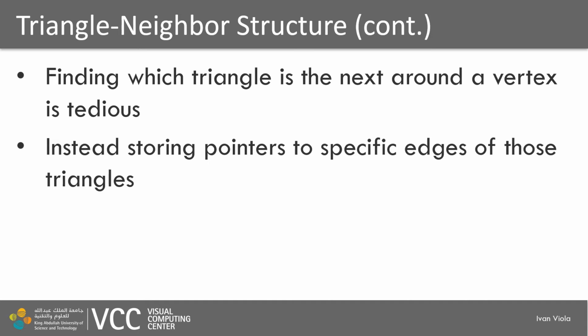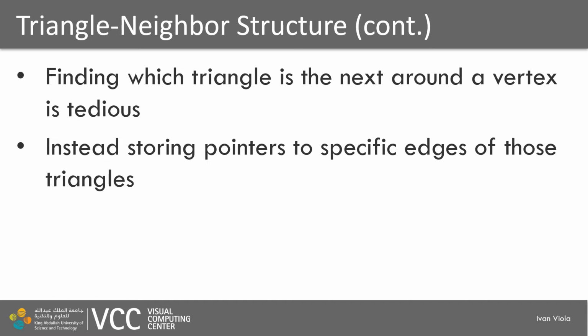This triangle neighbor structure has one disadvantage, and that is that we always need to find which triangle is the next one which we would like to go towards. And that is because we don't know when we enter a certain triangle through which edge of the triangle did we enter it. Therefore, we first need to find it out before we can proceed.